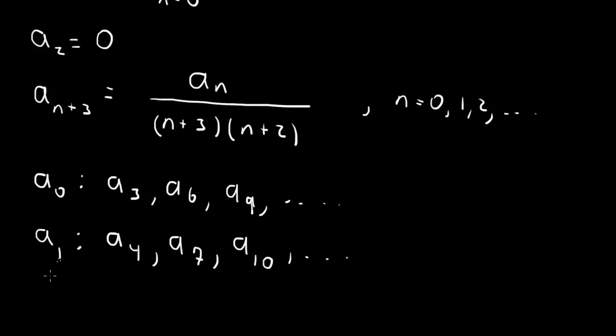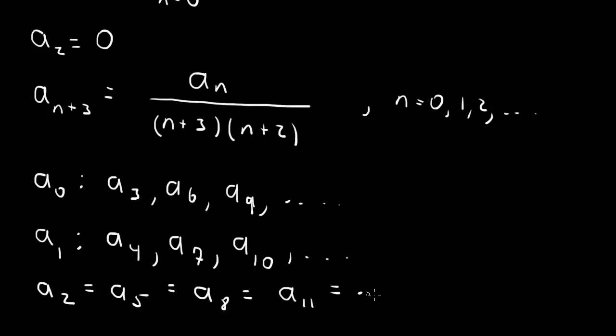And finally, starting with a2, here, we'll get an a5, right? But a2 equals 0. So starting with a2 equals 0, we'll get a5 equals 0, and putting in a5, which is 0 here, we'll get a8, which also is 0. And then a11 is 0.